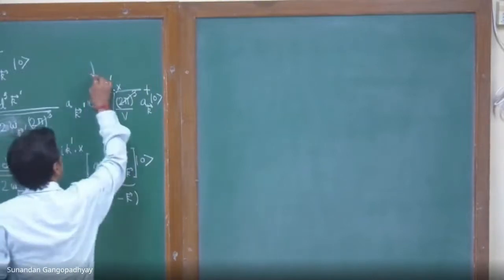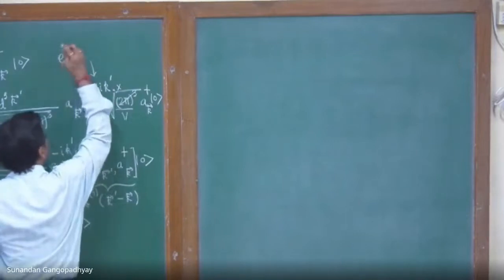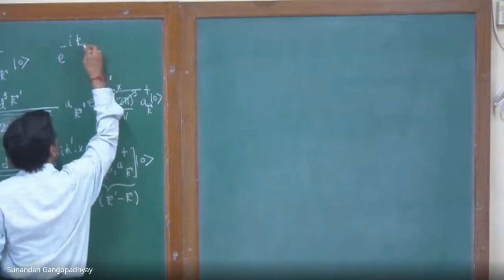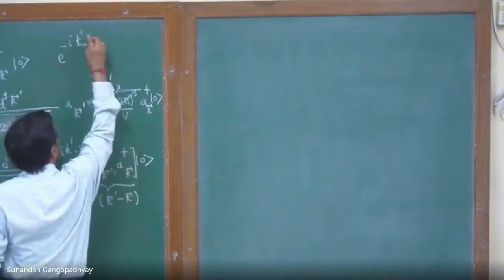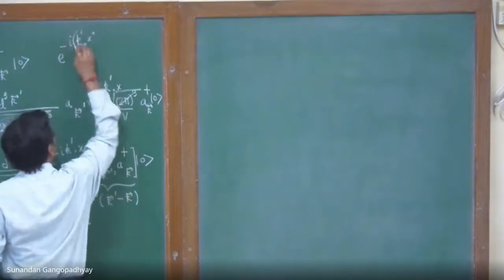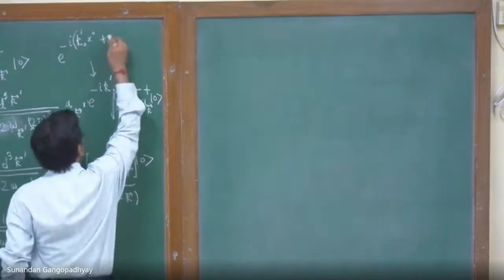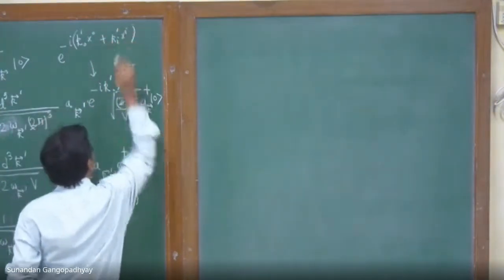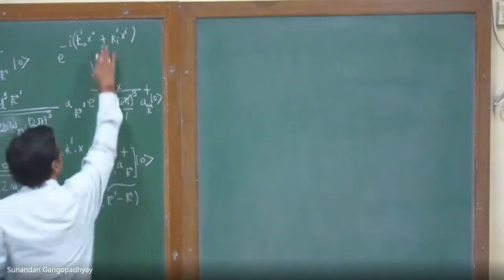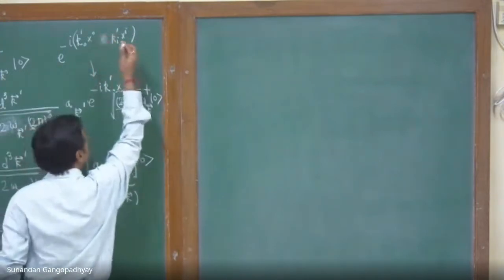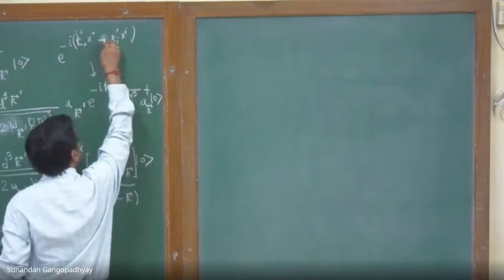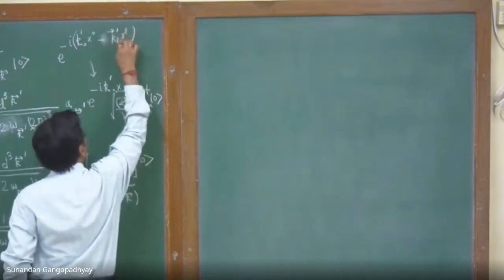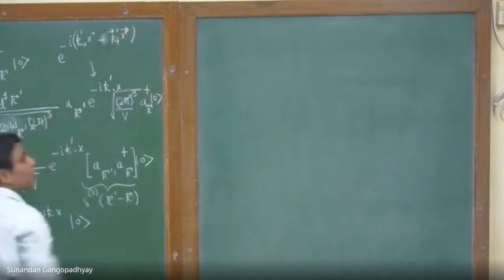So let me just explain. This is e to the power of i, a0 prime x0 plus ai prime xi. Now you can write this down according to your signature, since you are using mostly negative, like this: a prime vector dot x.